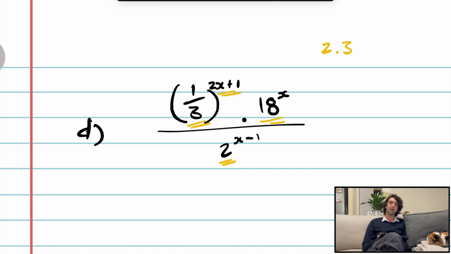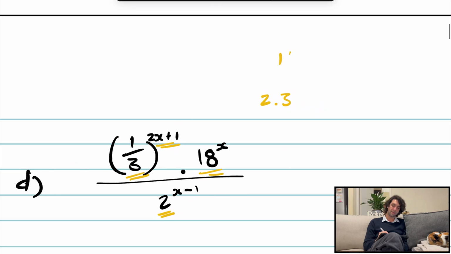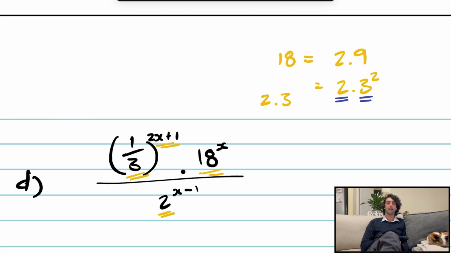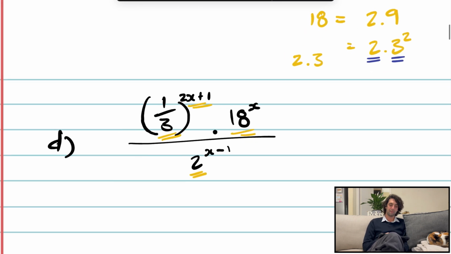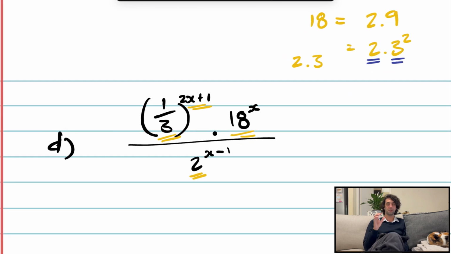But I'm going to quickly figure out what this 18 can become. So this 18 over here can become 2 times 9. But 2 times 9 can also become 2 times 3 squared. So by doing that, I'm getting all of my bases in terms of prime numbers, and the 2 prime numbers that I am dealing with for this question are 2 and 3.